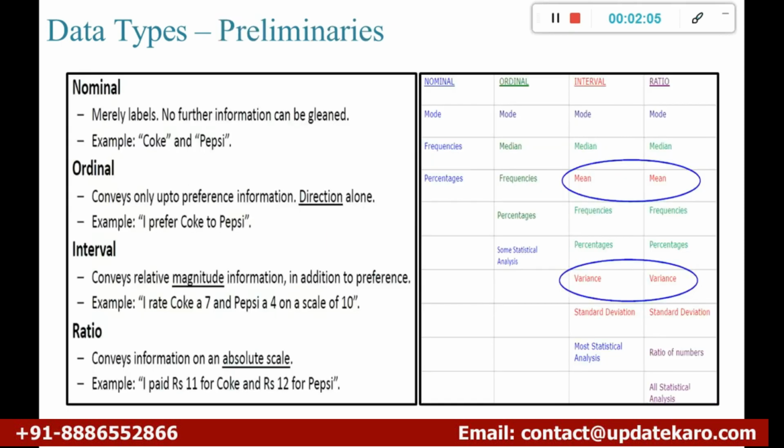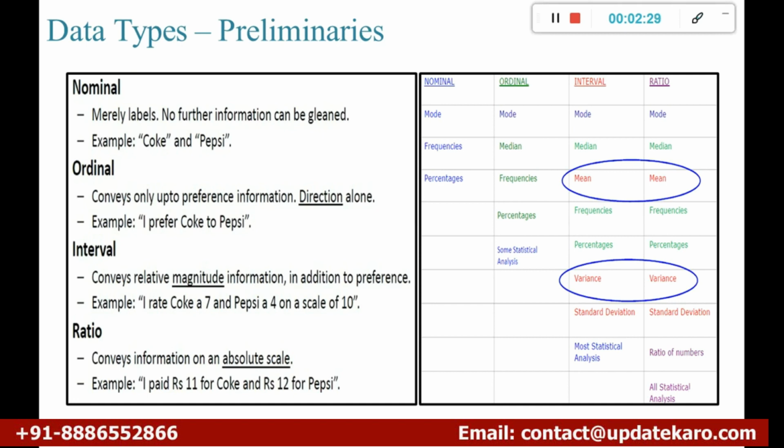Further to continuous and discrete, the preliminaries are further classified into nominal, ordinal, interval, and ratio data.